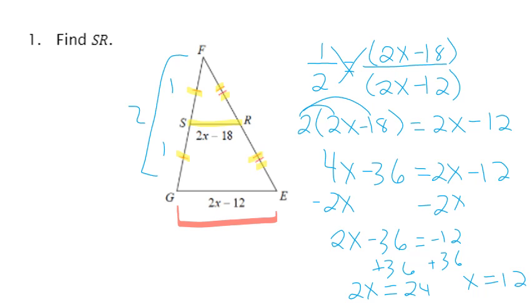The question was asking for SR. So when x is 12 and I substitute that back in, I'm going to get 2 times 12 minus 18, and that's going to end up giving me, just so happens, 6. So that means SR would be 6, and GE would be 12, because that'd be twice it.